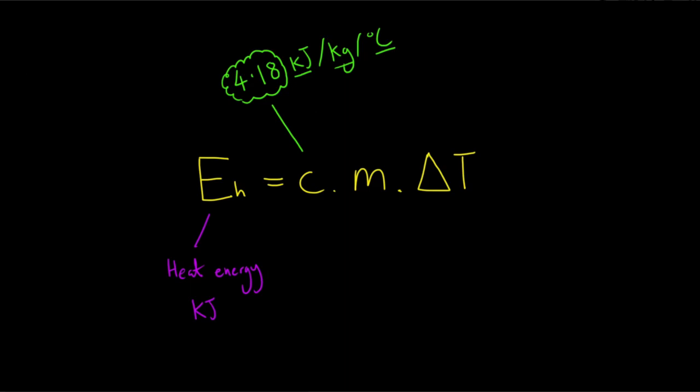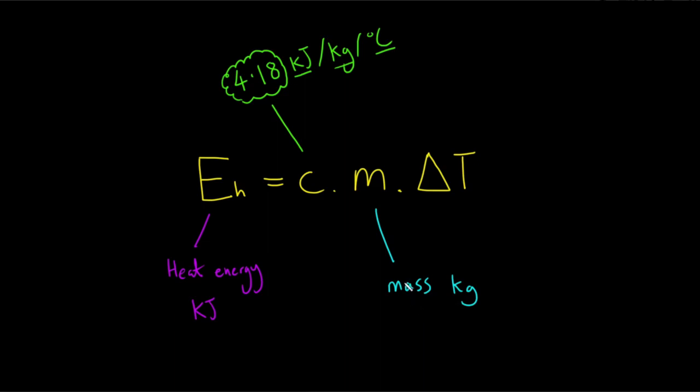Next part of the equation is M. Now that stands for mass. And mass is measured in kilograms. Make sure that we really do remember that the mass is in kilograms. I'm going to go over that in a little bit more detail in just a second, but mass is definitely measured in kilograms.